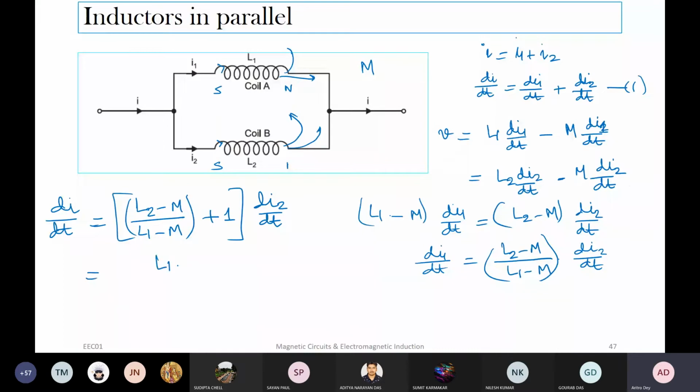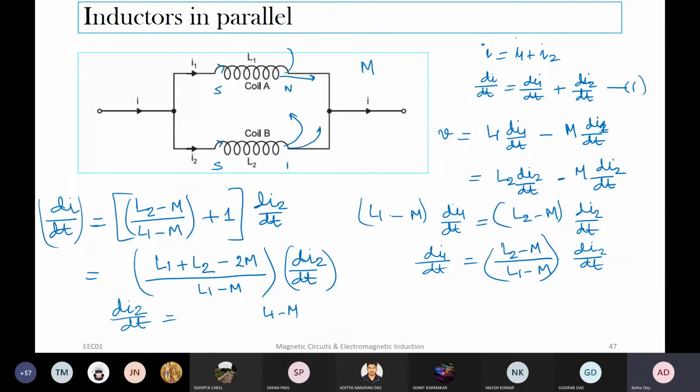So L1 L2 minus 2M by L1 minus M. So this you can write. So your di2 dt you can write in terms of di dt as L1 minus M divided by L1 L2 minus 2M into di dt.